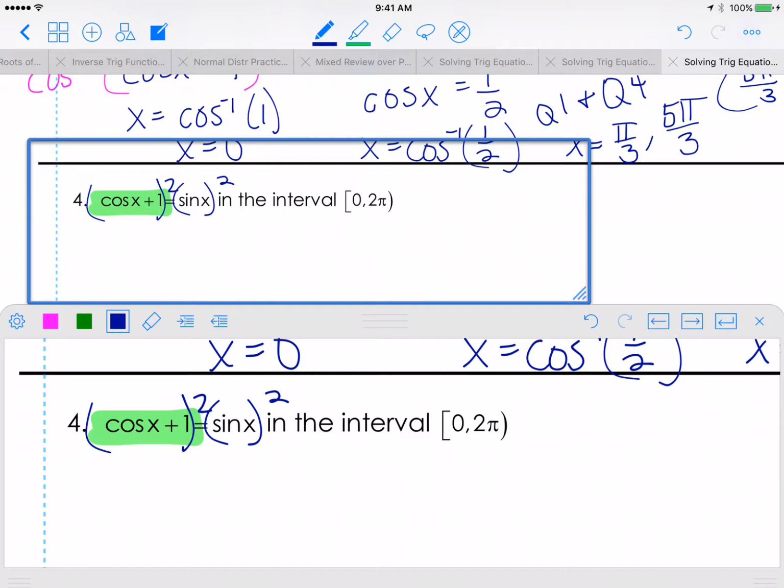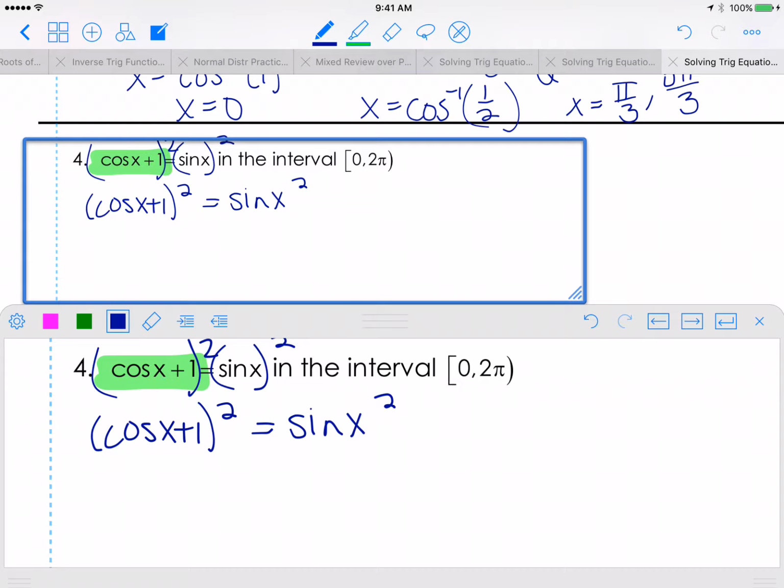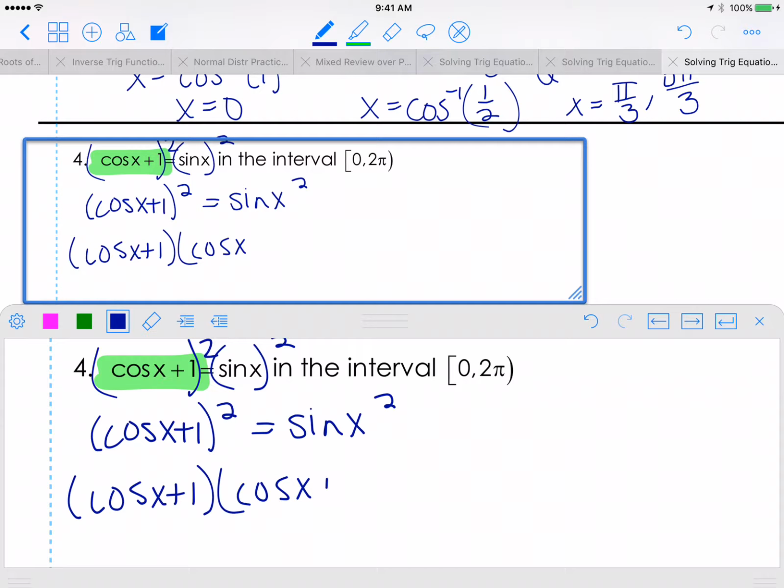Because remember, if you do it to one side, you must do it to the other. So then we have cosine x plus 1 squared equals sine x squared. So if we have this where they're squared on both of them, then we could write cosine x plus 1 times cosine x plus 1.